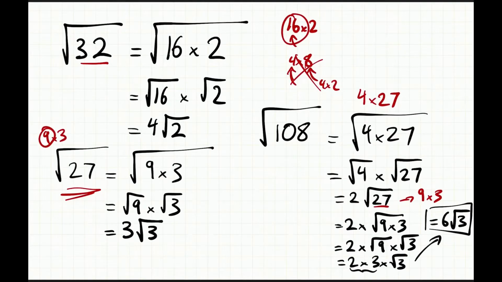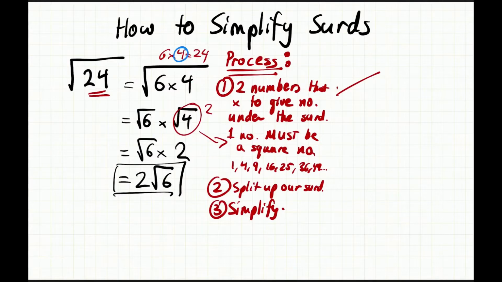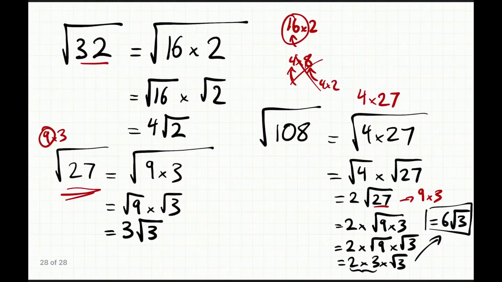So there you have it. That's how you simplify surds. Just a general recap: we need to think of two numbers that multiply together to give the number underneath the surd, and one of those numbers must be a square number. We should choose the biggest square number possible, because that will avoid us having to do what we did with this one, where we had to simplify root 27 again.